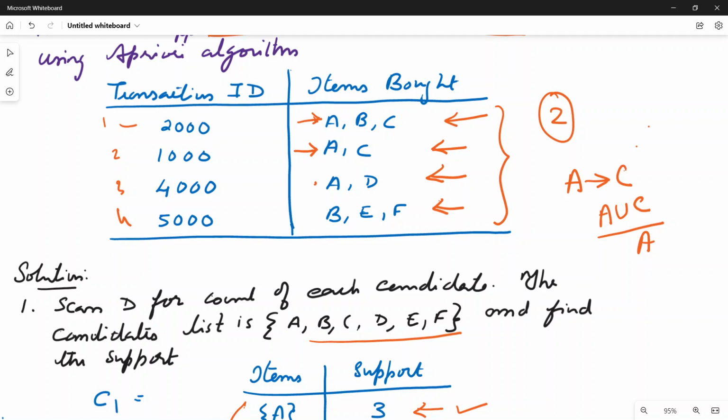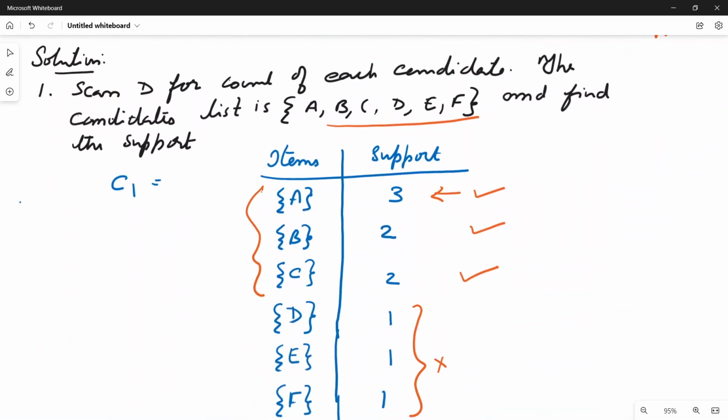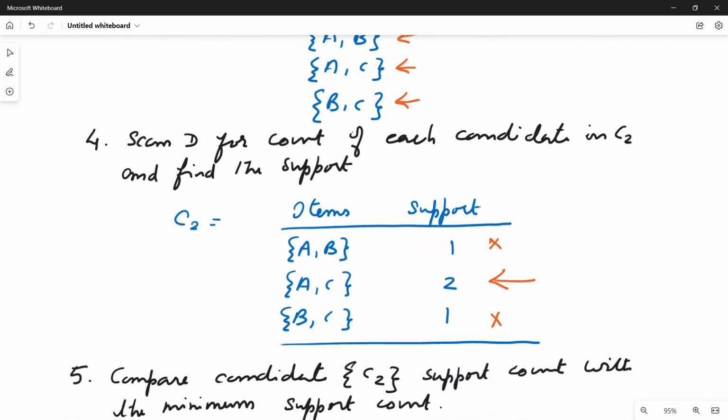A union C, both A and C appearing, is 2 times, in two transactions. So the numerator will be 2, divided by the number of times A is occurring, which is 3. So the confidence level of the association rule A to C is 2 by 3.